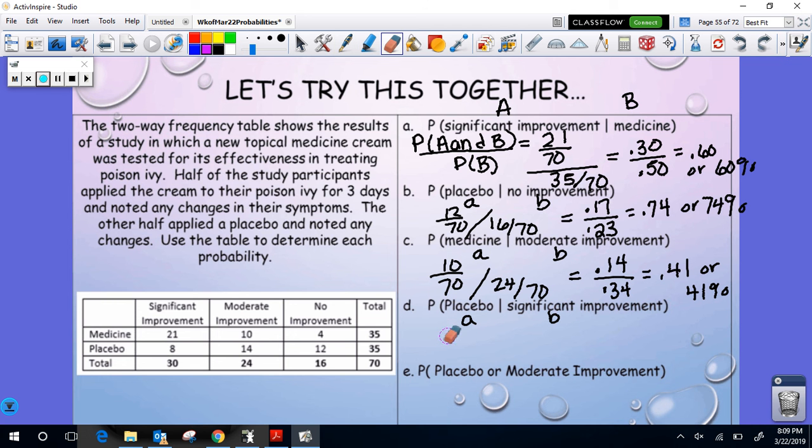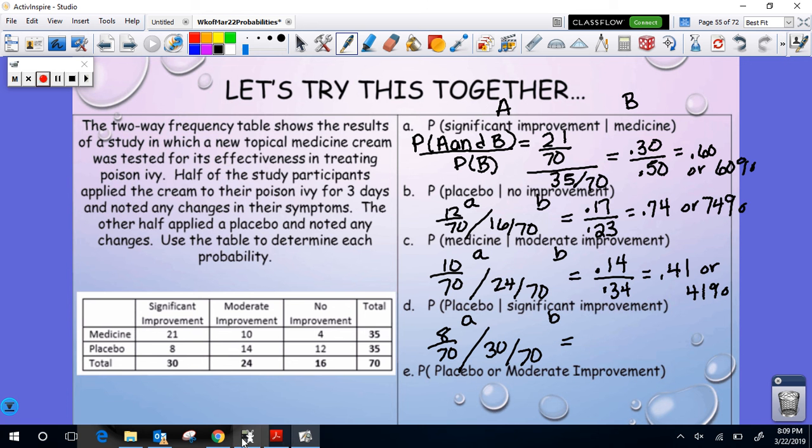Just a second, it's frozen. Okay, so I need to go to where it says placebo and significant improvement. Here's the placebo and significant improvement. That's 8 out of the total number of people, which is 70. Divide that by significant improvement, which is my second event. Significant improvement is 30 out of 70.